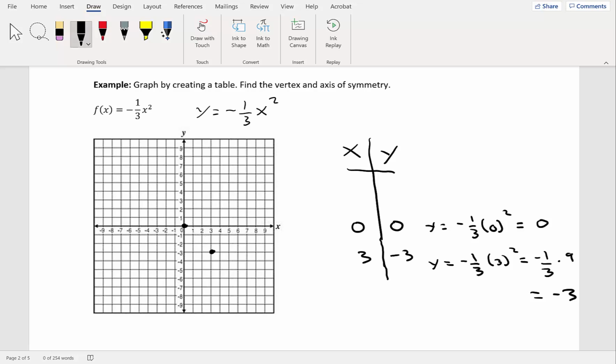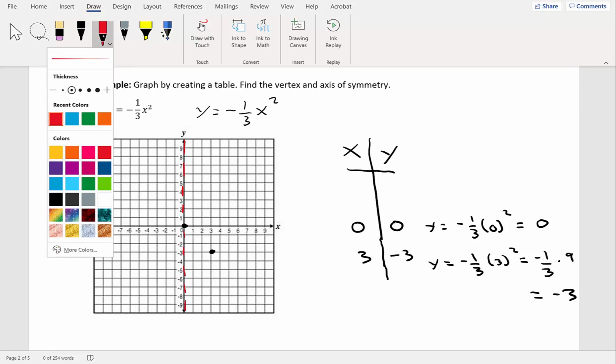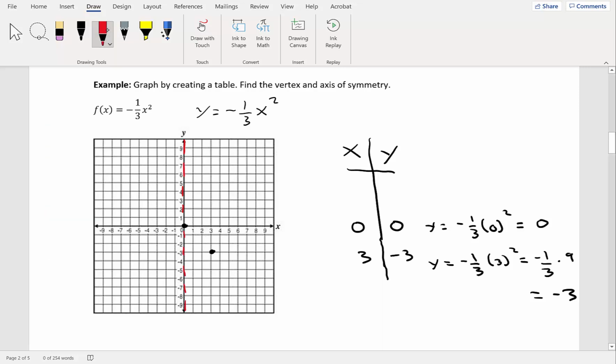Now I'm going to show you something pretty cool with this axis of symmetry. Your axis of symmetry is always going to go through the vertex. So this is my axis of symmetry, this red line. I can use my axis of symmetry to find another point, since it has to be symmetric about this line.